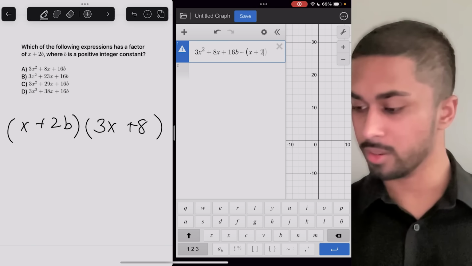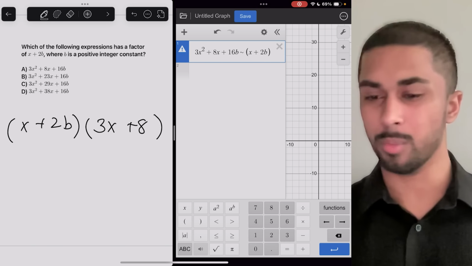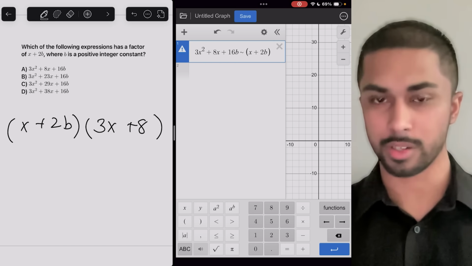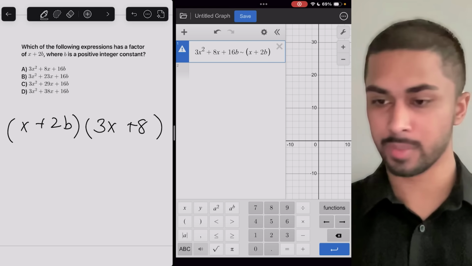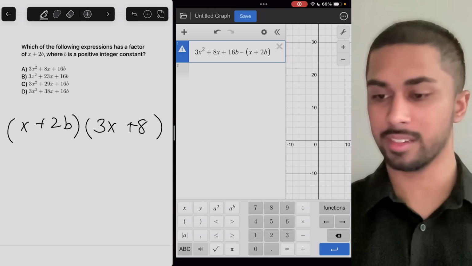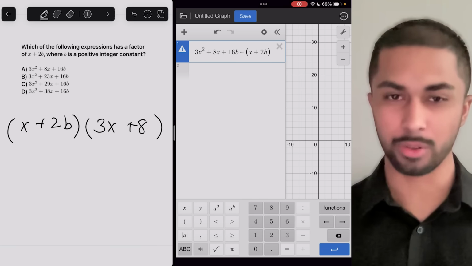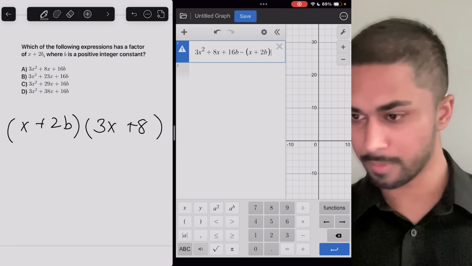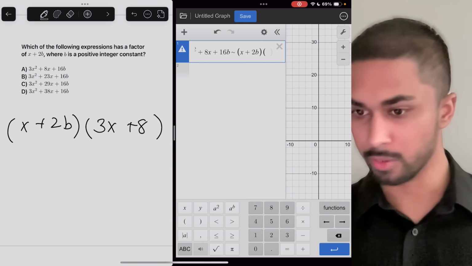If you don't know when to use regression, whenever you have multiple unknowns, try to use regression. Like, for example, we have x and b. I would consider those unknowns. If you have multiple variables, use regression.